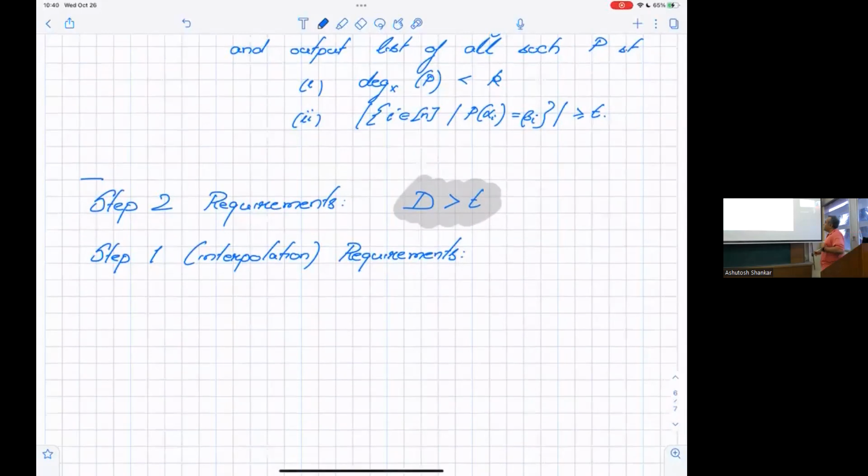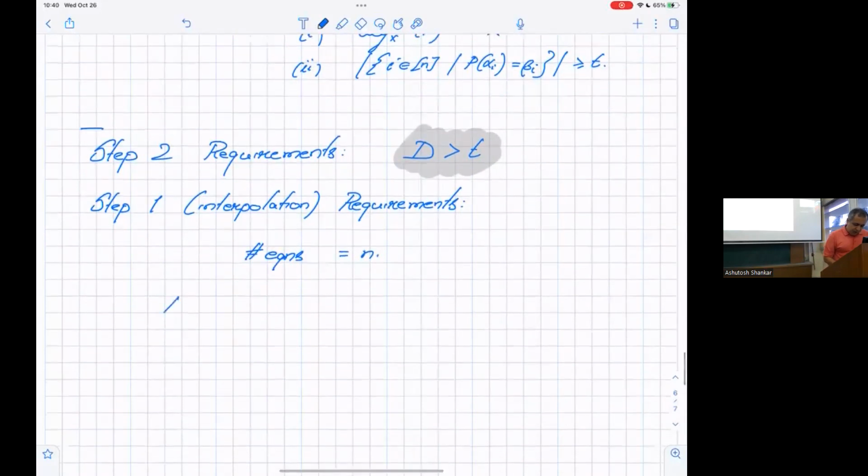So now we need to look at the new number of variables and the new number of equations. Always the number of equations has been n. What's the number of variables?